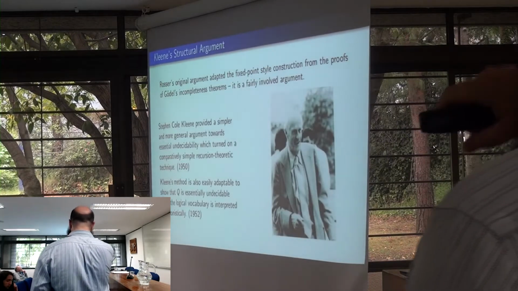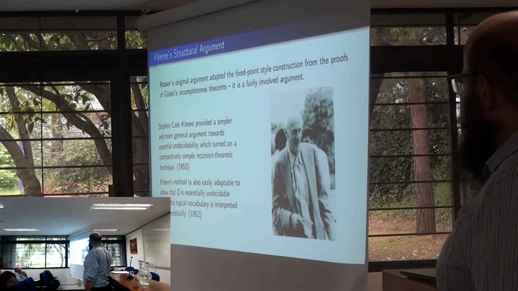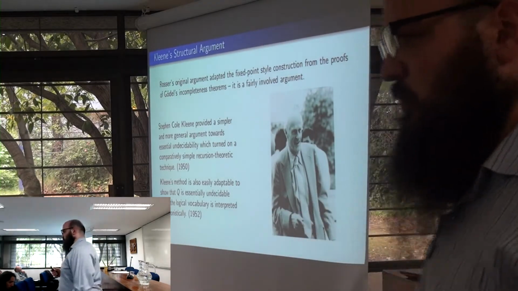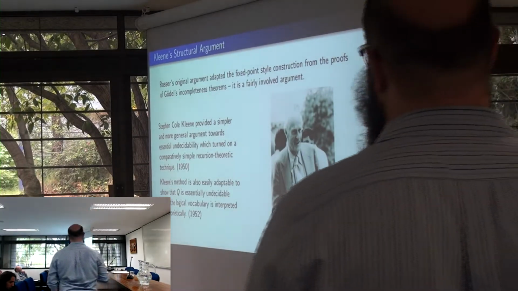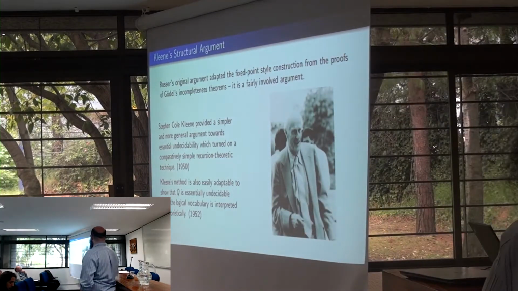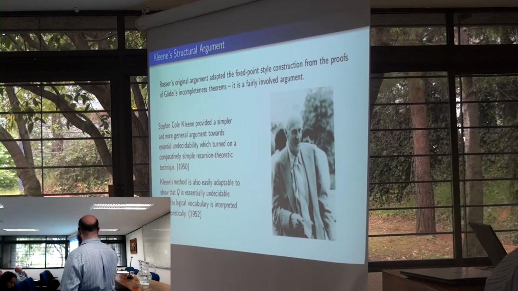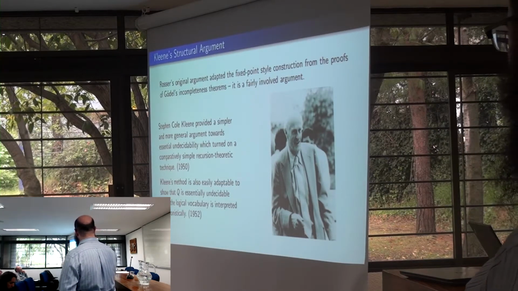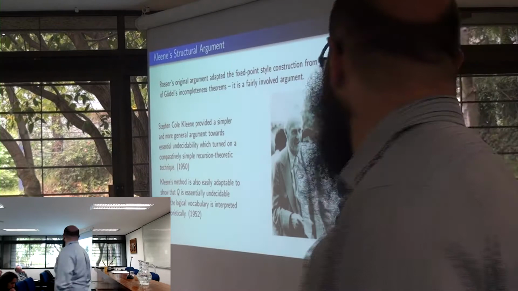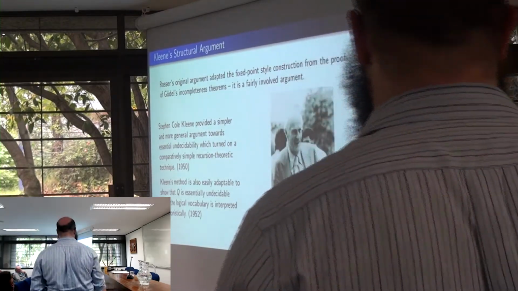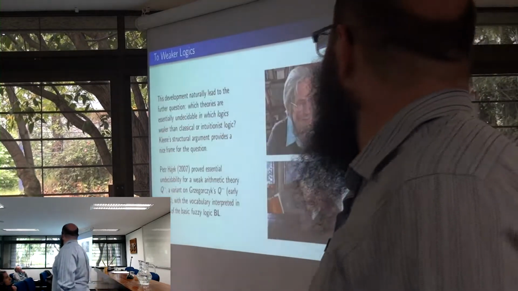What Kleene did was provide a simpler and more general argument, which turned on a comparatively simple recursion theoretic argument, where the key recursion theoretic fact was just imported from the beginning, and essential undecidability was derived just from that. Shortly thereafter he adapted it to show that Q is essentially undecidable not only in classical logic, but also intuitionistically. That was the state of the art as of the middle of the last century.